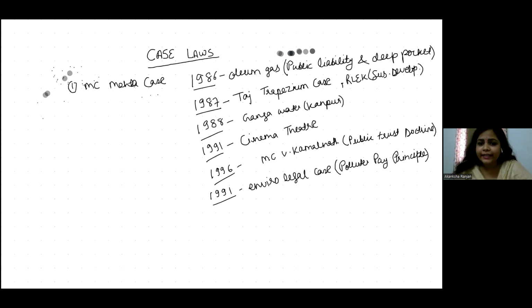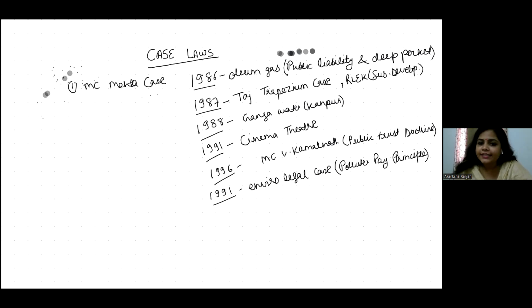And then 1988, this is again MC Mehta, in which Ganga pollution, the water pollution near the Kanpur area, was discussed. Then 1991, again MC Mehta, in which cinema theaters were questioned, and noise and everything was discussed in that particular case. Then 1996, MC Mehta versus Kamal Nath, in which the public trust doctrine was discussed.